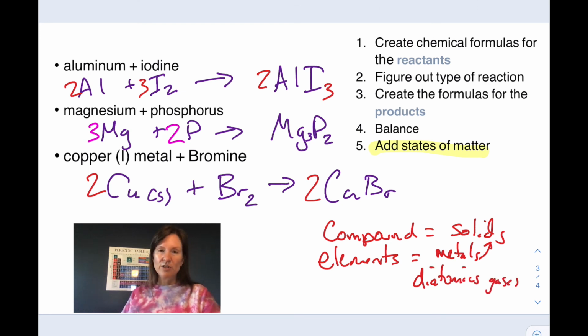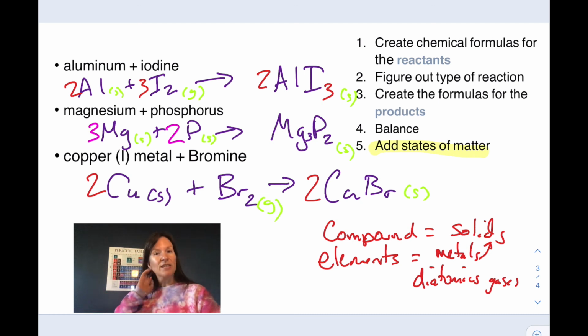And if you gave me those for states of matter, I would be fine. So up here on the ones I've already written, aluminum would be a solid, magnesium would be a solid, iodine technically is a solid, but if you gave me a gas, I would take it. And then all of your ionic compounds are solids. So that's how you do states of matter.